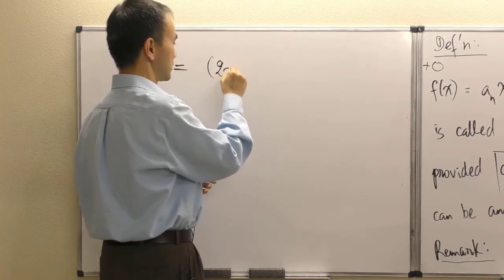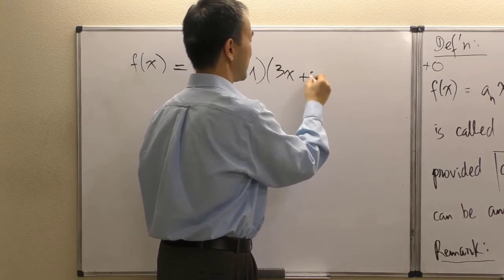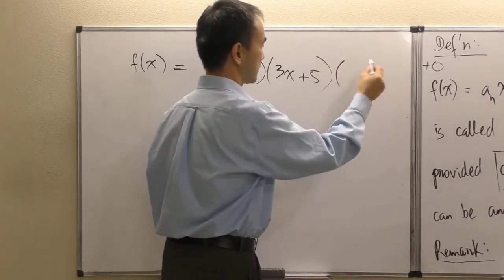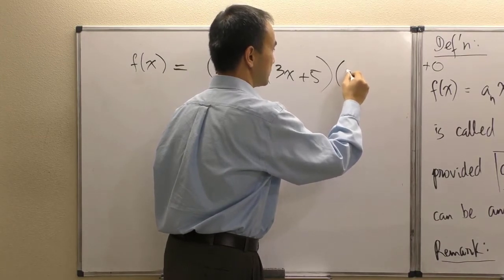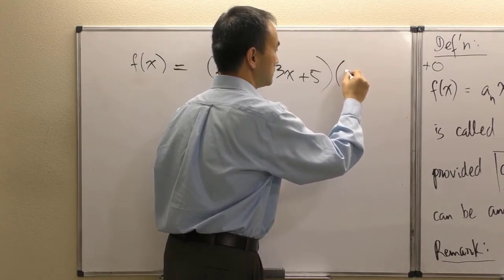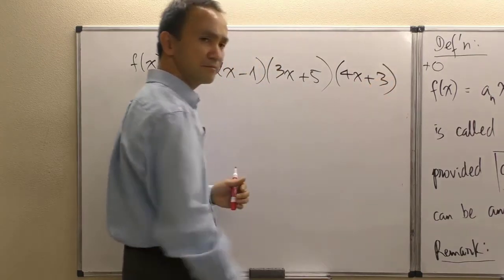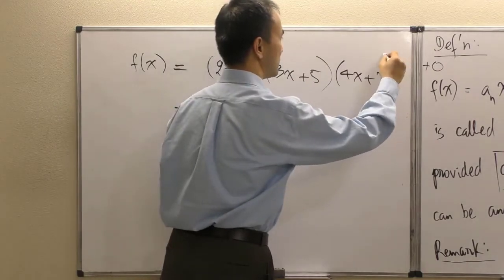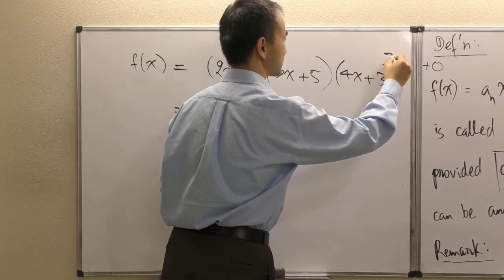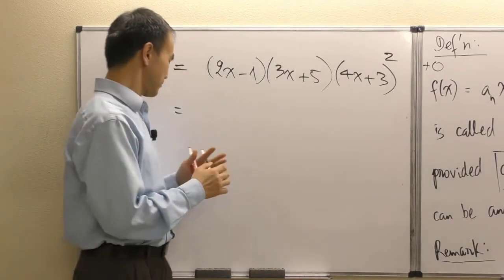Say here it's a 2x minus 1, and here it's a 3x plus 5, and here how about a 4x plus 3, something like that. And now I'll put a multiplicity here.